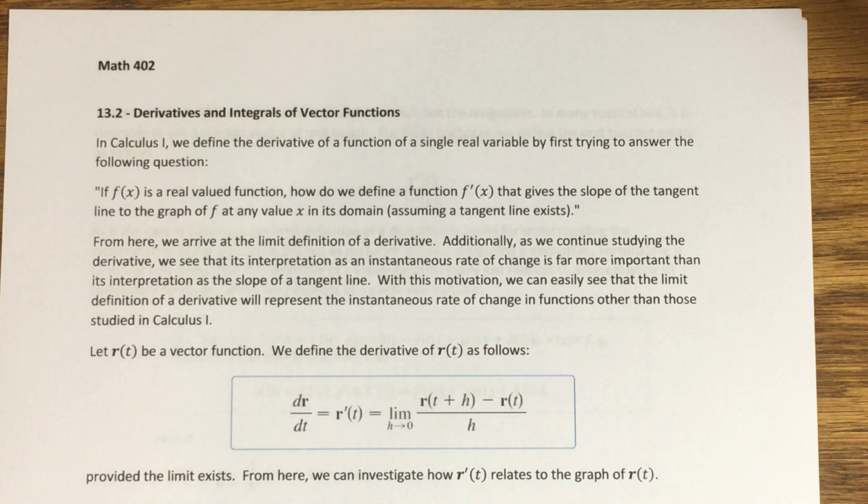Same thing with integrals. So, when we introduce students to definite integrals at the end of Calculus 1, we teach them that the definite integral represents the area under a curve. In this class, we're going to talk about a few different types of integrals. Here we're going to look at integrals of vector functions. In chapters 15 and 16, we look at double and triple integrals, we look at line integrals, surface integrals.